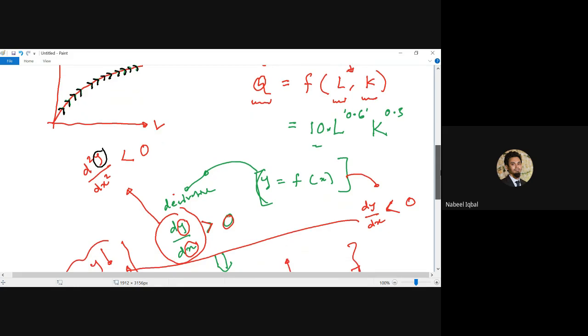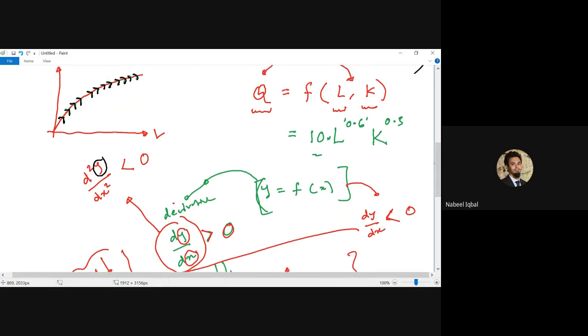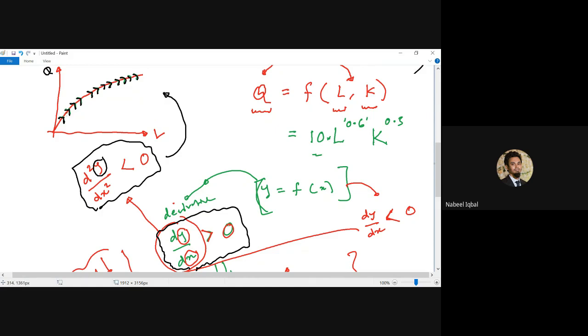So, more precisely, if you find out that the first derivative is positive, and then you find out that the second derivative is negative, it indicates the situation is like this, right? Initially, the y variable, or in this case the quantity, will increase at a faster rate, and later on it still increases but at a lower rate. So as you can understand, the derivatives give you even more additional precise information about the relationship between variables.